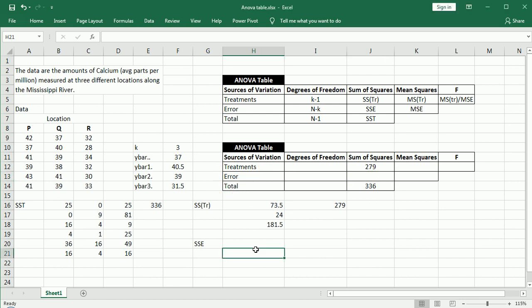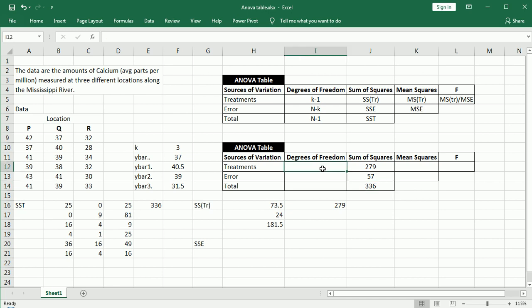So we can use that knowledge and not have to do a lot of work. This must be total minus treatment. Sometimes professors will give you a partially filled ANOVA table with just enough information for you to fill the rest of the table out and answer the hypothesis test, reject H0 or fail to reject H0. So here we just used a simpler way to get the sum of squared errors.